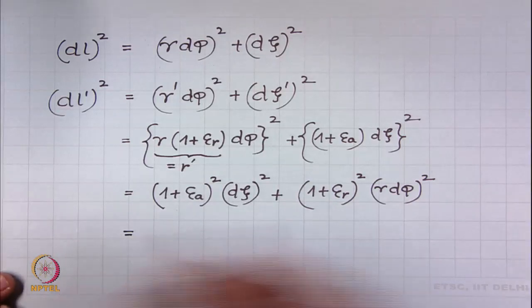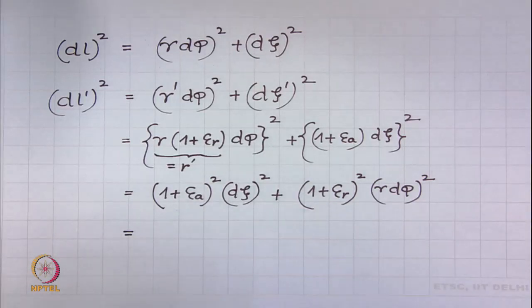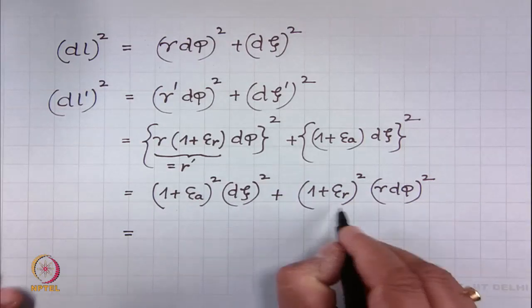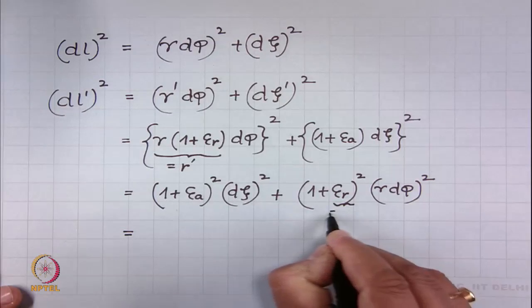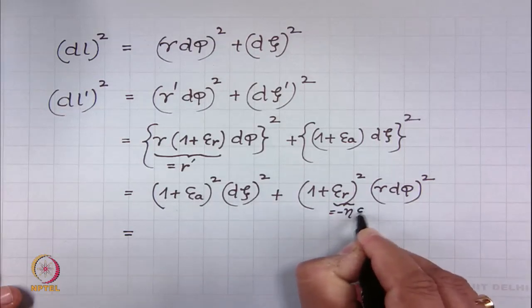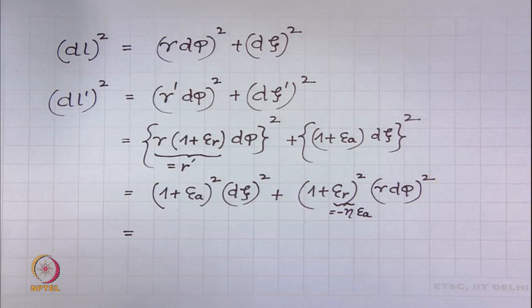Further, this epsilon r is equal to minus eta into epsilon a, the definition of contraction ratio.